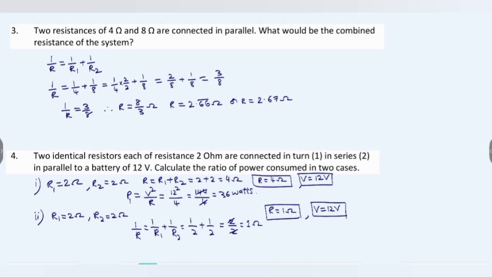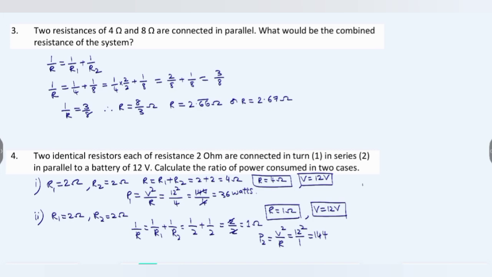Now we have to find the ratio of power. Before that, we have to find the power in the second case. P2 is equal to, again, V square by R. That is 12 square by 1, which is 144, because 144 by 1 is 144.